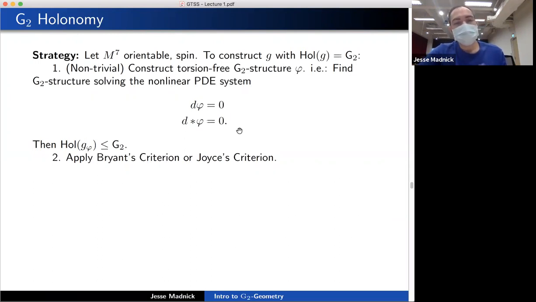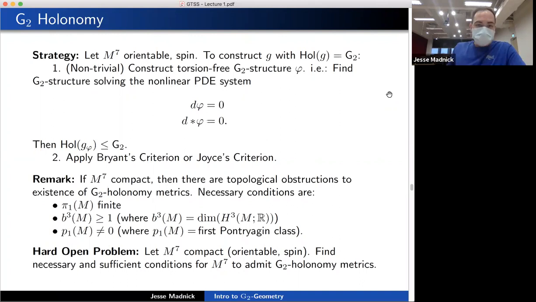At first glance, this looks like a linear PDE system since d phi equals 0 is linear, but the second equation is in fact nonlinear, because star depends nonlinearly on phi. If you're able to find a torsion-free G2 structure, then the holonomy of the metric is contained in G2. And if you want holonomy on the nose equal to G2, you can apply one of these two criteria.